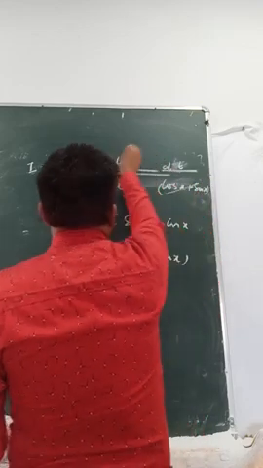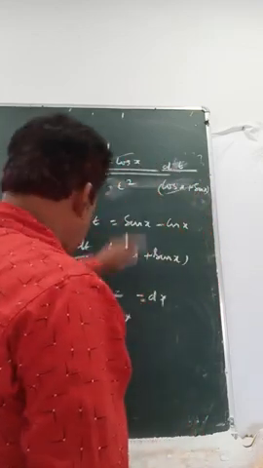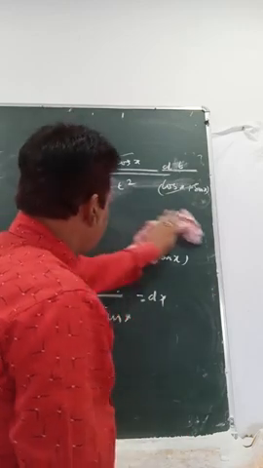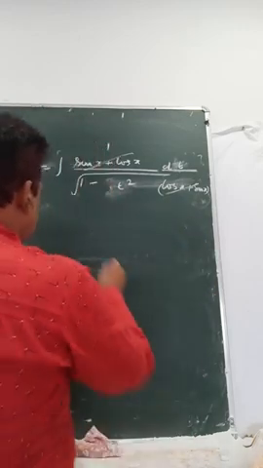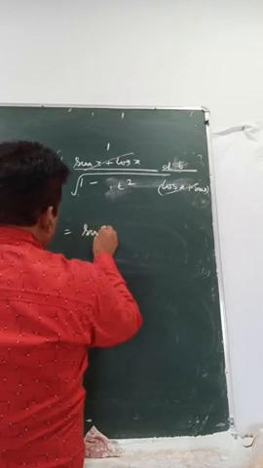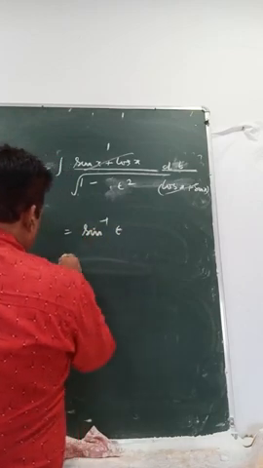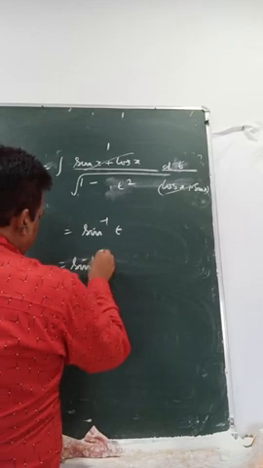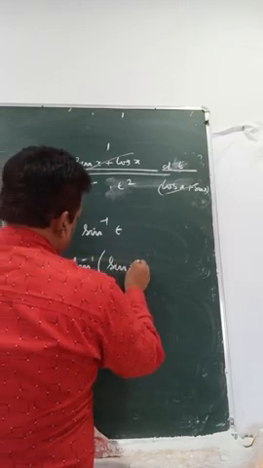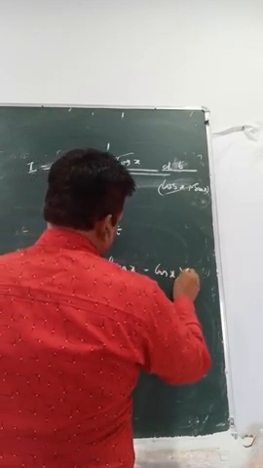So this is cancelled. So 1 by √(1 − t²), you remember the formula: sin inverse t, the direct formula. That is sin⁻¹(sin x − cos x) plus a constant.